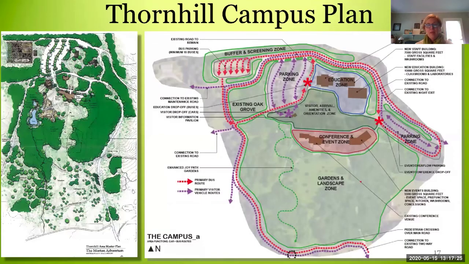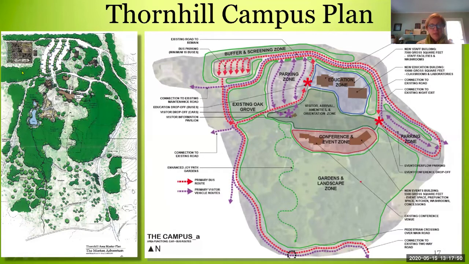In the meantime, we were also looking at the buildings outliving their usefulness up in the Thornhill campus. So we were looking at the outpost and the annex and not being able to continue using those buildings. And you can see this is from the 1999 plan. Here's where the outpost and the annex were.